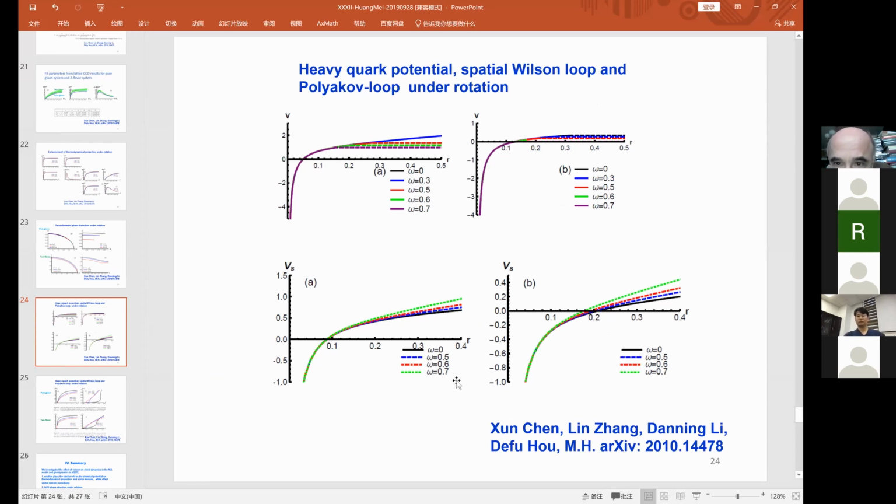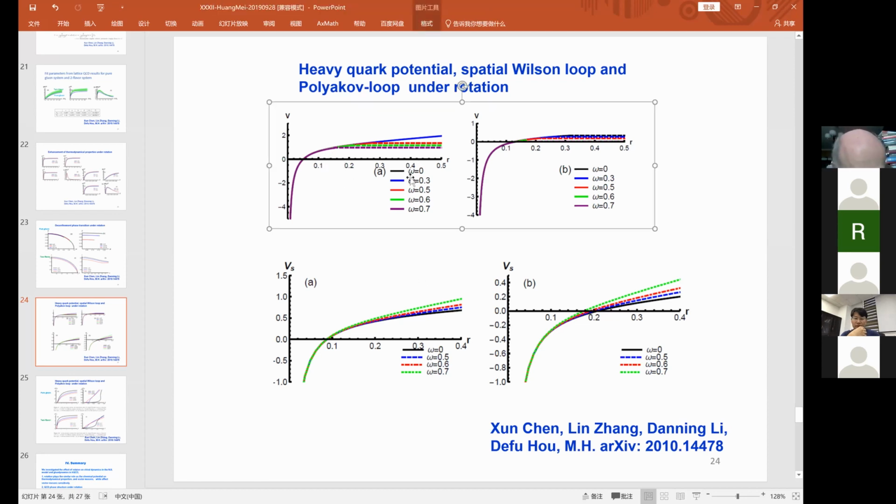Then even if we have a small negative value of the original tension, which corresponds to the Debye screening, by this correction we can change sign. So it corresponds to the phase transition from the screening to the confinement phase. Okay, that's all.